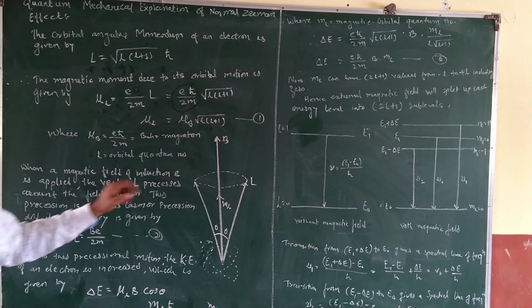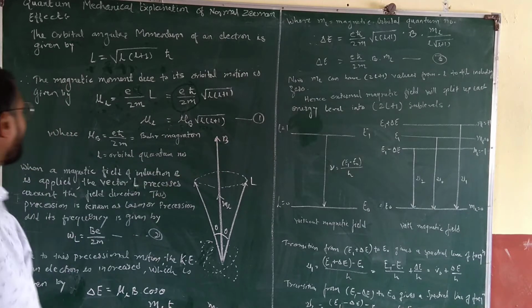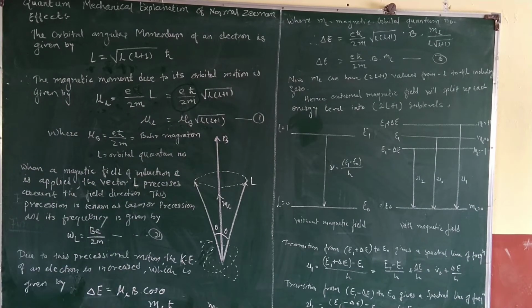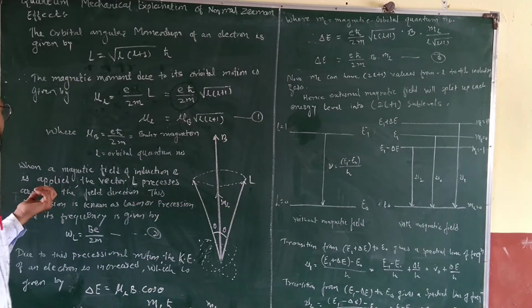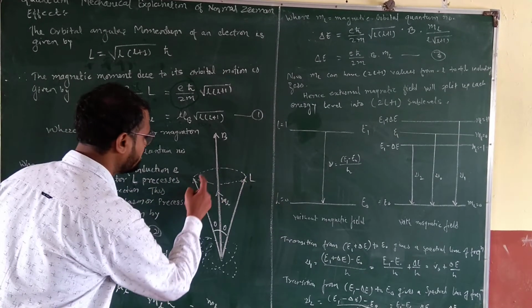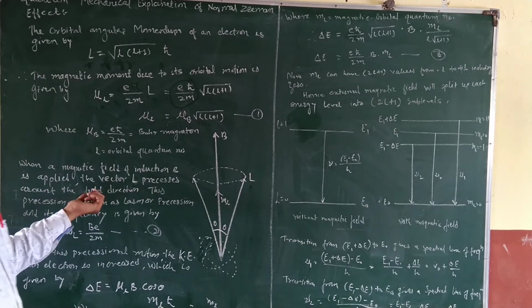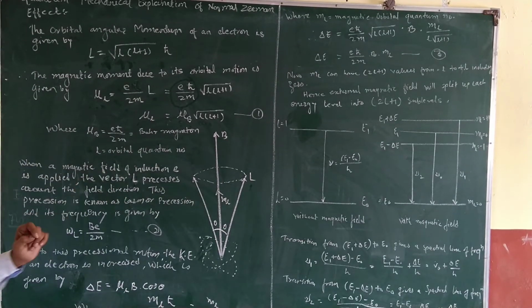When a magnetic field of induction B is applied, the vector L precesses around the field direction.